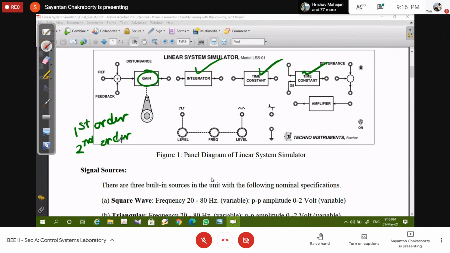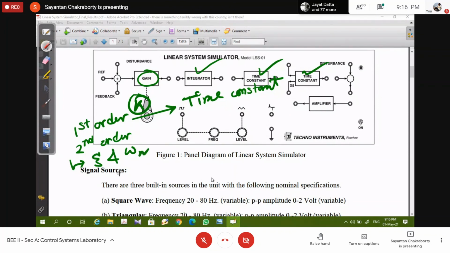second order system, and as you're changing gain K for the first order system, what is changing? We're changing the time constant. For the second order system, we're changing zeta and omega. And there's obviously provision for third order system using integrator, time constant, right?